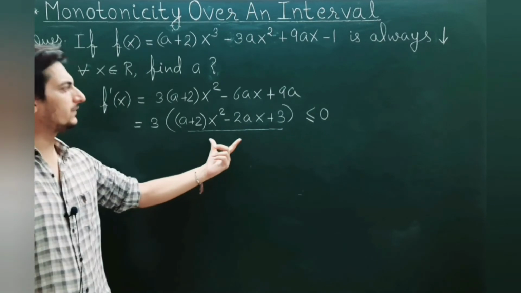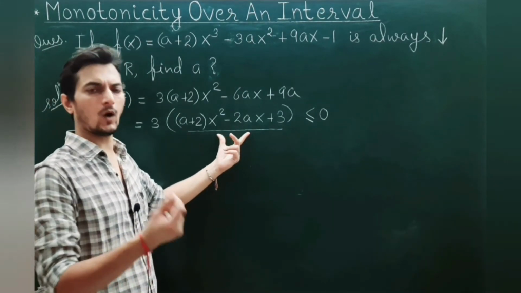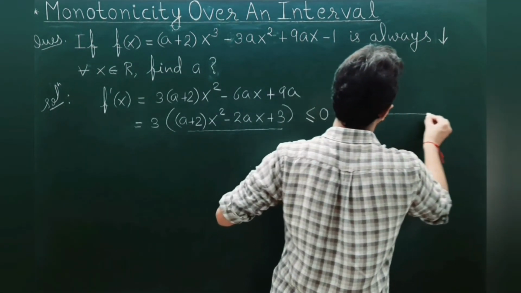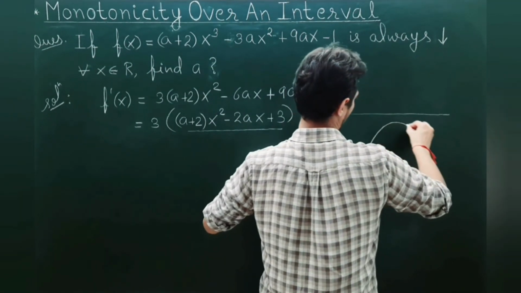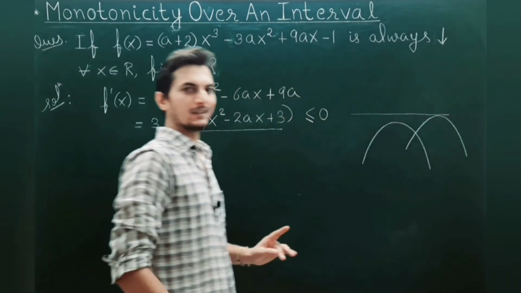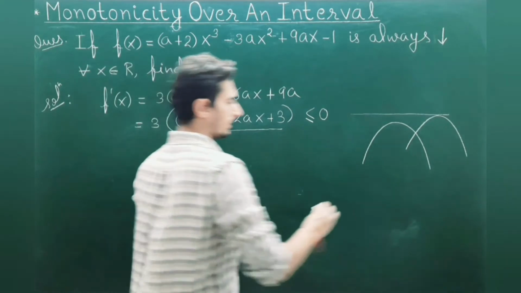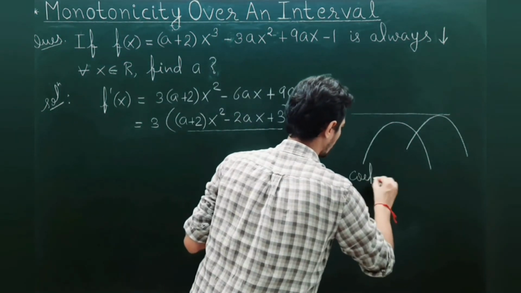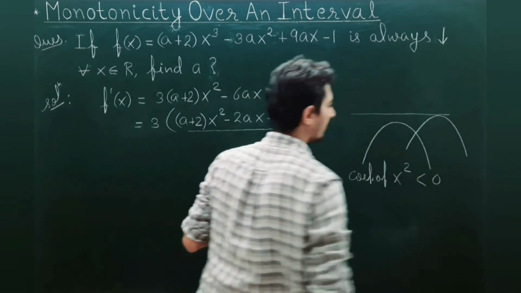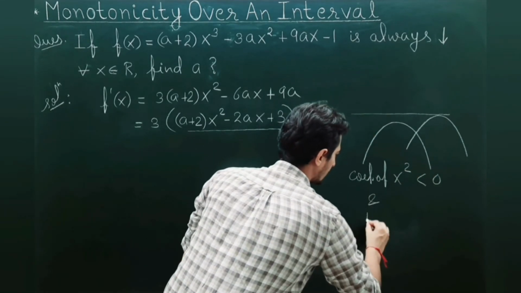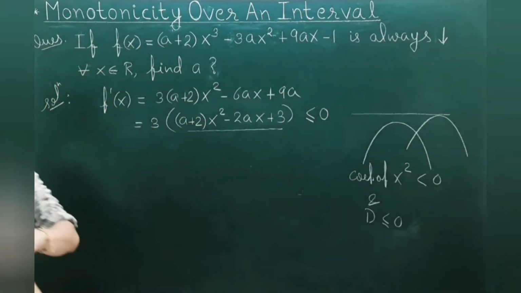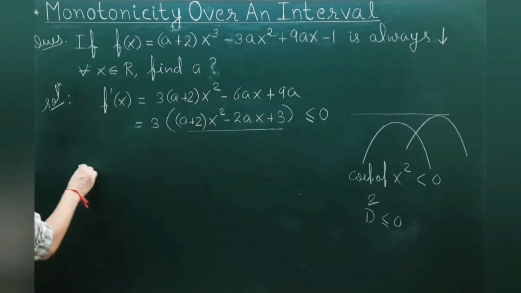Now the derivative I have here is a quadratic expression. You know that for a quadratic expression to be always negative, or less than or equal to 0, the condition is that the coefficient of x square must be negative and the discriminant must be less than or equal to 0, right? So these two conditions I need to apply here.